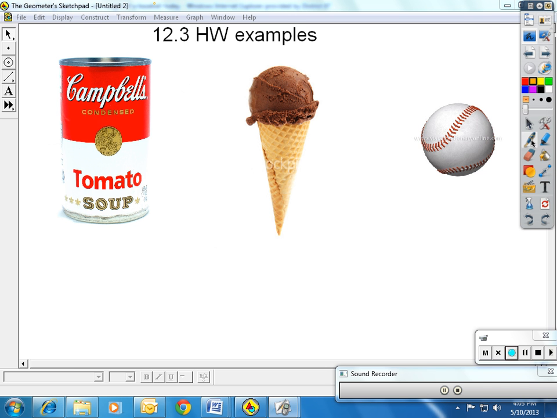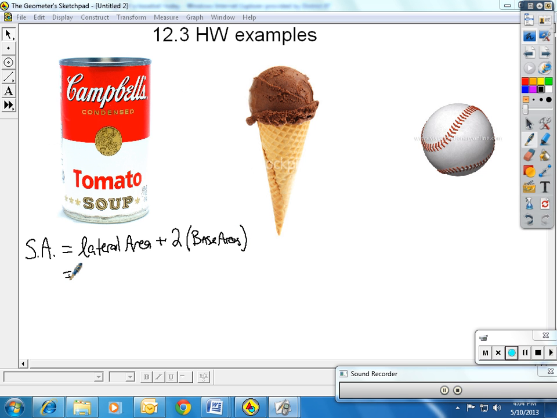So the can, the cylinder, we're looking at just surface area here. The surface area of the cylinder, since it is a flat top, is going to equal the lateral area, and add that on to two base areas, because there's two bases.